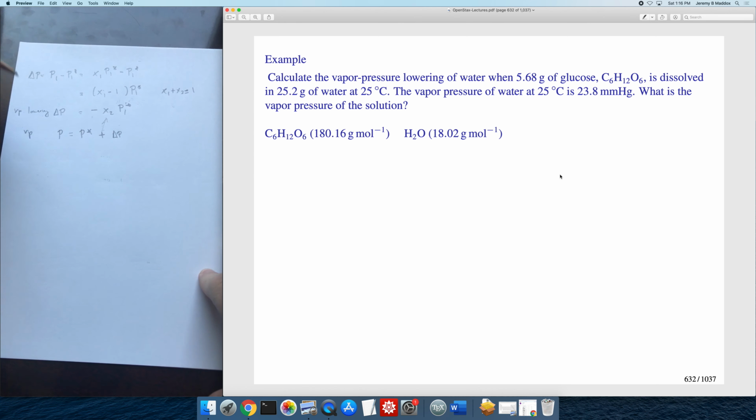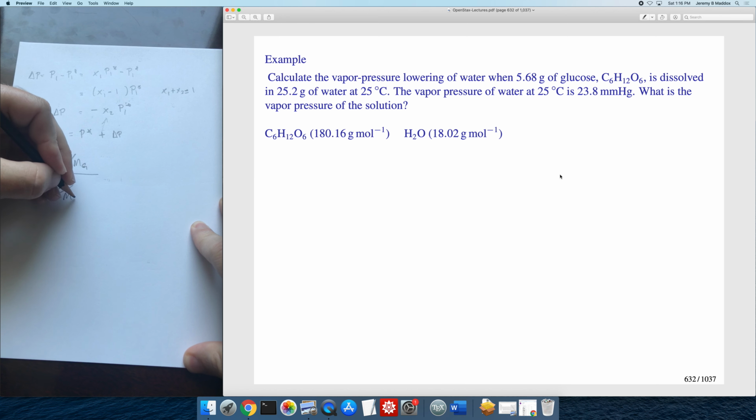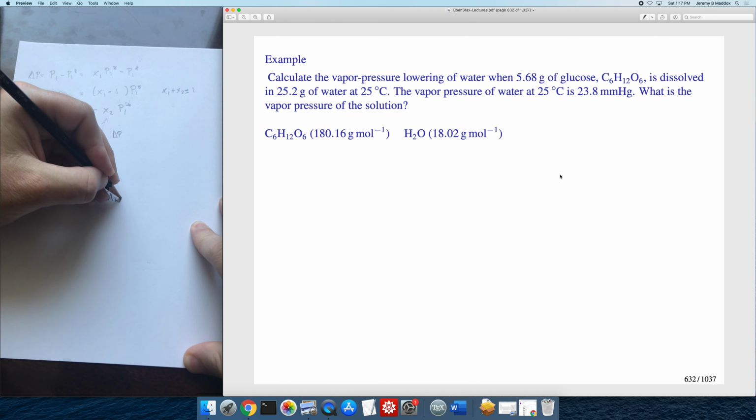So, to get delta P, we need to know the mole fraction. So we're going to take the mass of the glucose divided by the molar mass of the glucose. That's number of moles. We'll do the same thing in the denominator, but we need to add to that the water. Mass of water divided by molar mass of water.